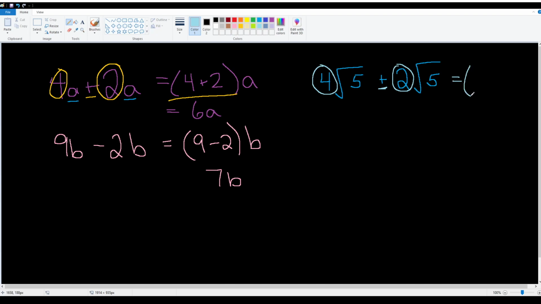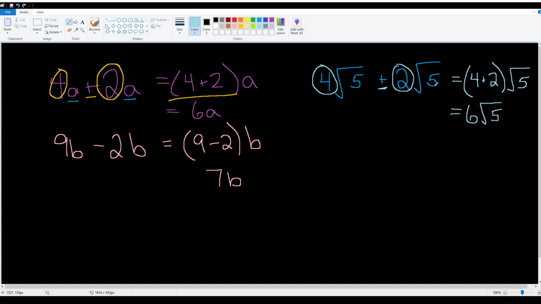So here I'm going to have 4 plus 2, but I'm going to keep the radical 5 exactly the same. I'm not going to change it, just like we didn't change it with our variables, right? We had 4a, 2a, we just kept the a on the end here. Same with the radicals. Radical 5, we're going to have the radical 5 at the end here. So this is going to end up being 6 radical 5.